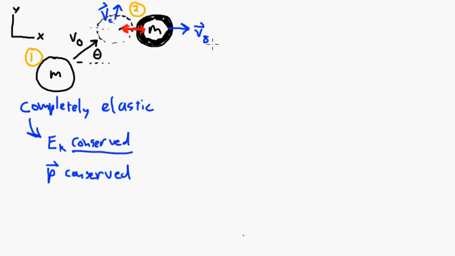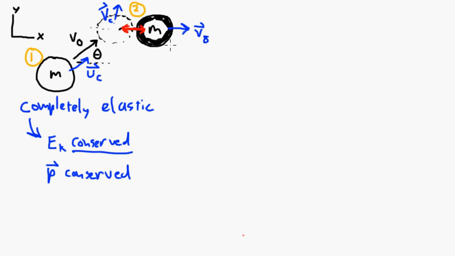So the final velocity for the 8 ball is V8, the final velocity for the cue ball is VC, and I'm going to say the initial velocity for the cue ball is UC.